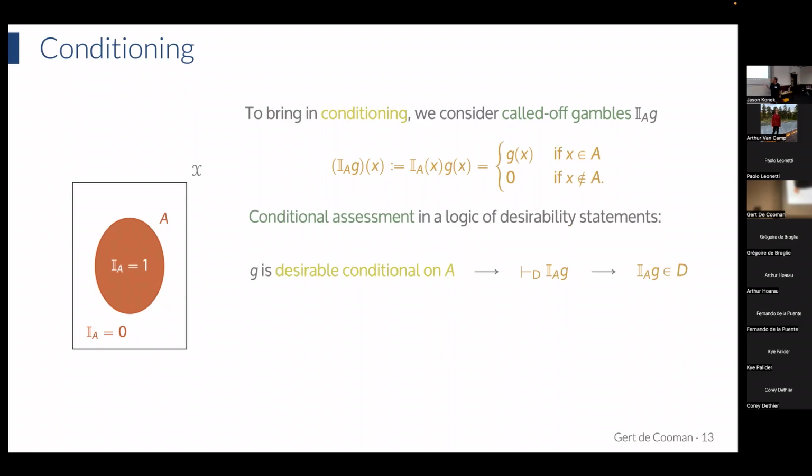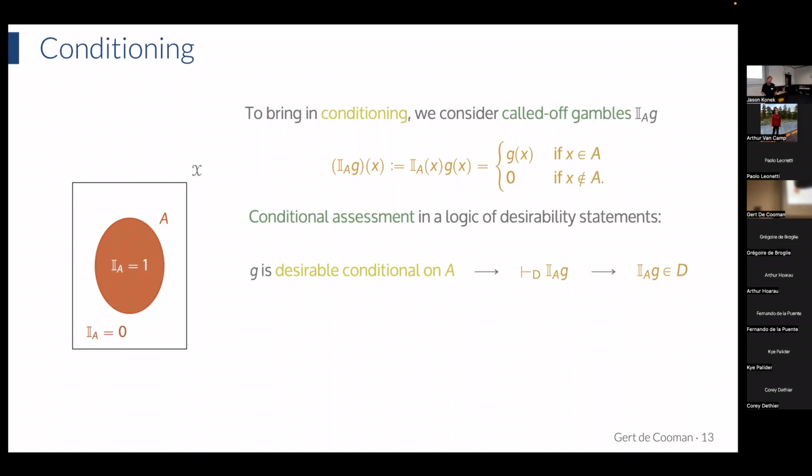I will say that the gamble G is desirable conditional on A, and I will take that to mean that I find the called-off gamble desirable. In other words, you put the called-off gamble in your assessment, in your set of desirable gambles.